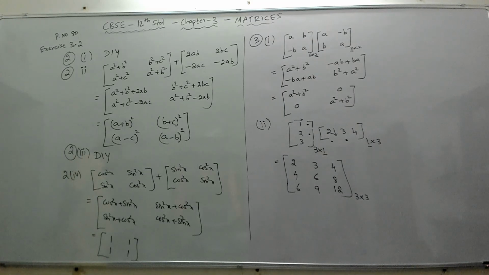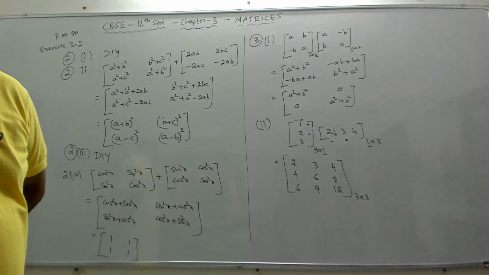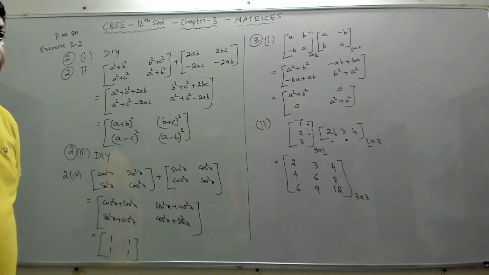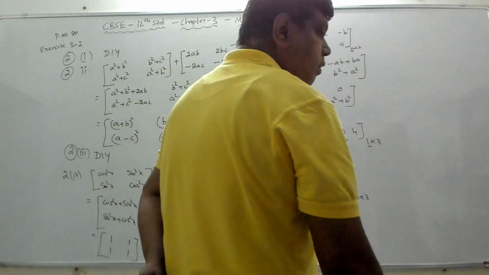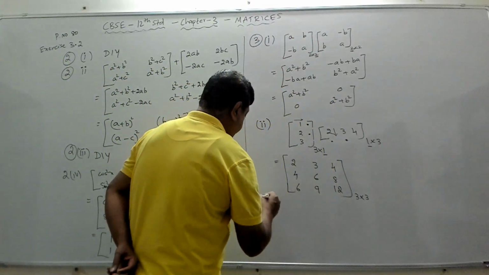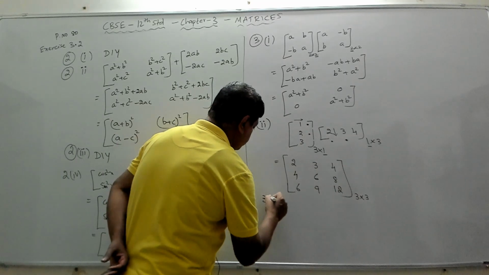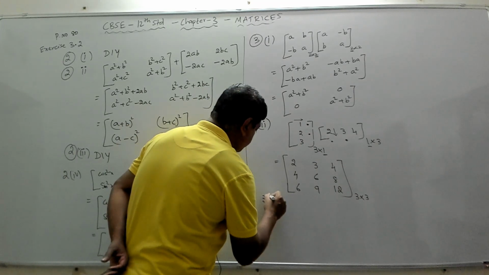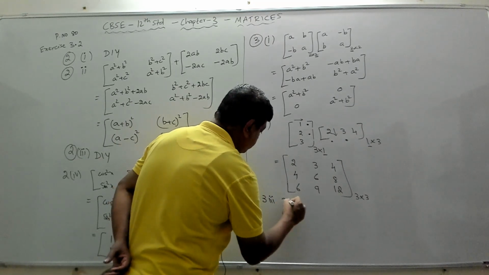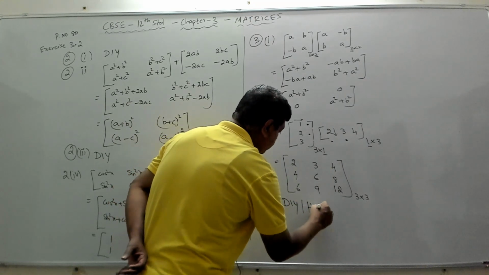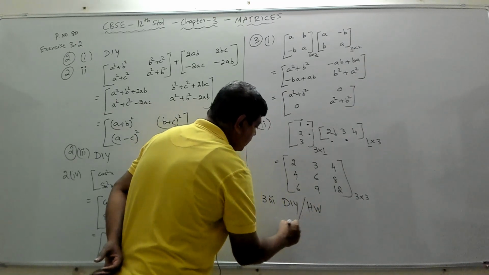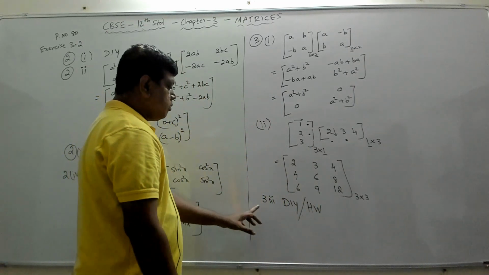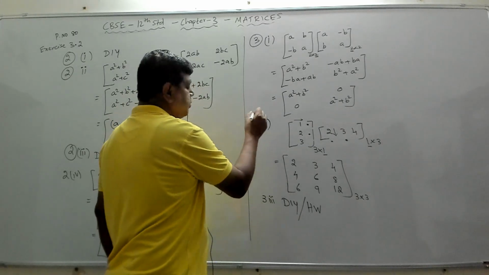Fine. And then the third and fourth are homework. Third is do it yourself, or you can call it homework, whatever. Third problem, third subdivision. This is third problem, second subdivision.